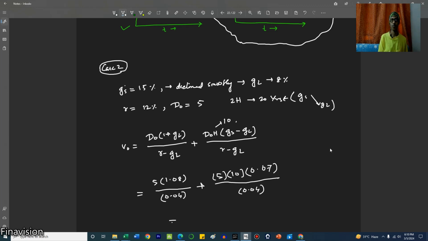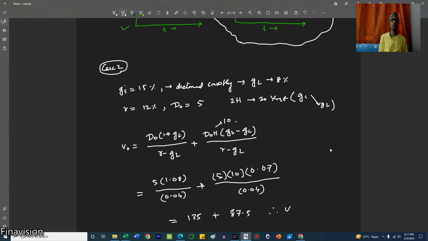So this value, let us quickly calculate. $135 plus $87.5.